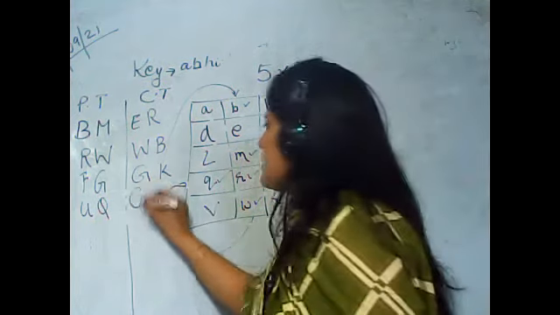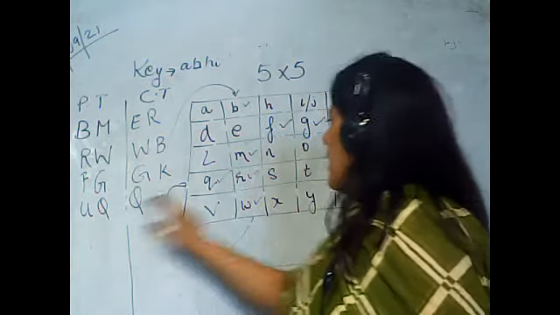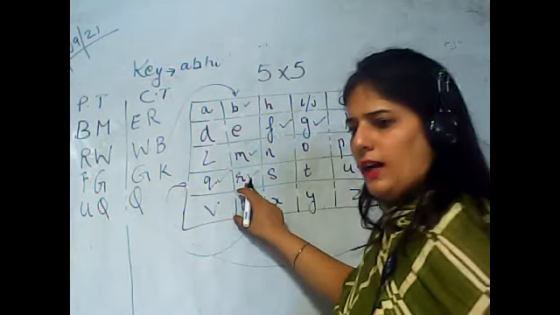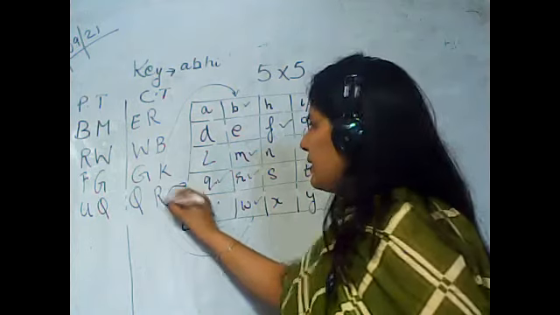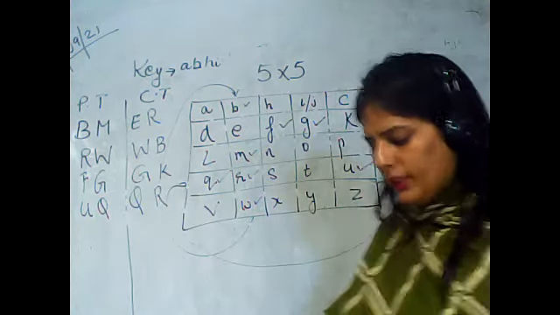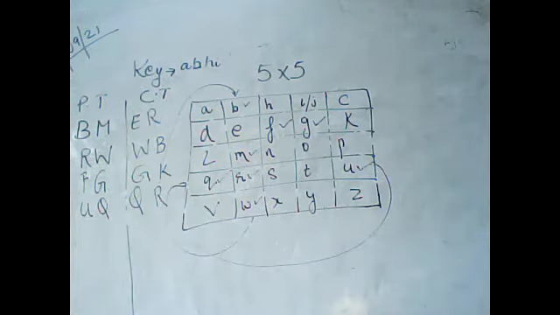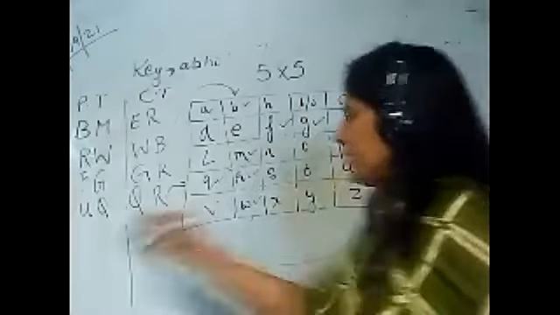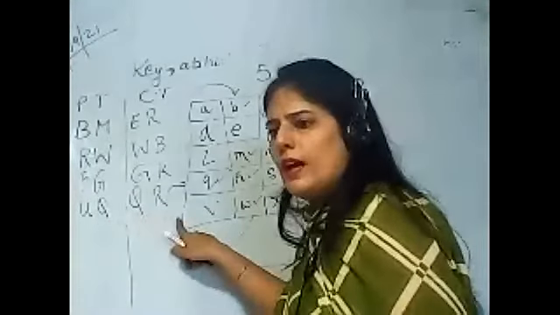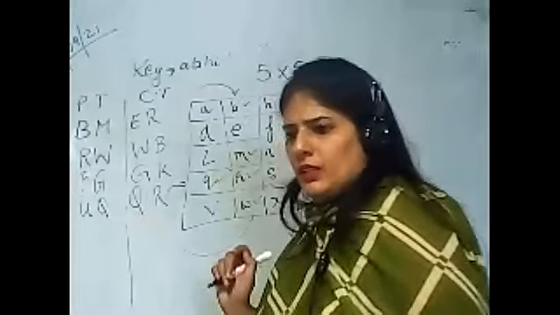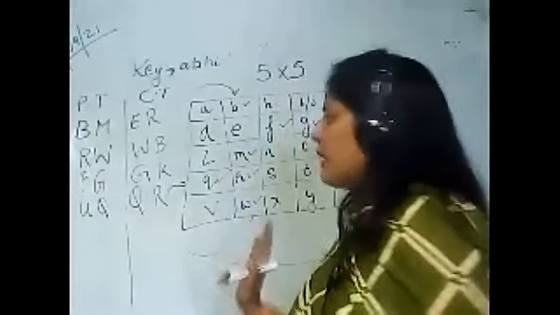So we are writing Q, and after this Q, we are having R. Okay, so this is how we can say that U, Q becomes Q, R. Clear? So this is also one of the combinations.